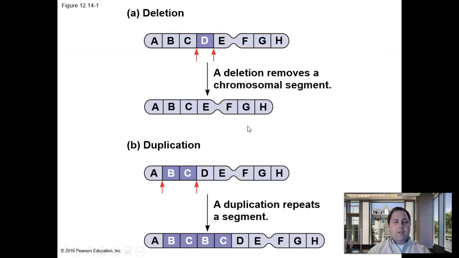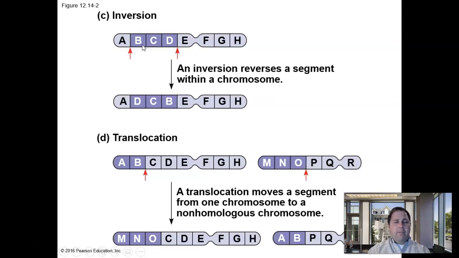Here's deletion, so this D portion and whatever genes are found on that large portion D are now gone. Duplication, whatever genes are on B and C, you now have 2 copies of them. Inversion, B, C, D flips, so now it goes A, D, C, B. Inversions aren't necessarily the biggest of these problems because everything still exists, but it might change the expression of different things.